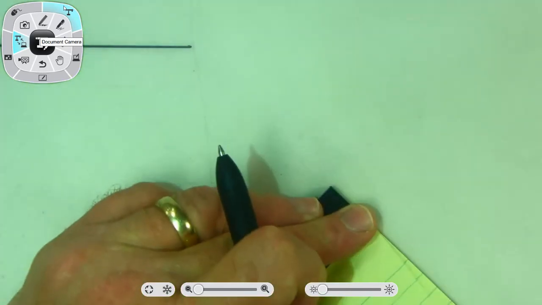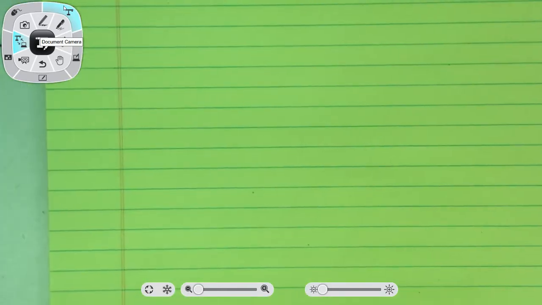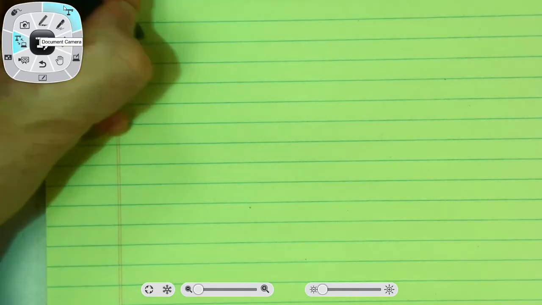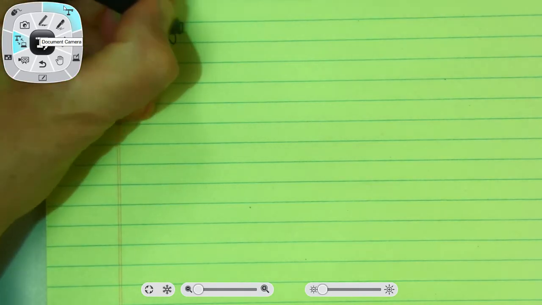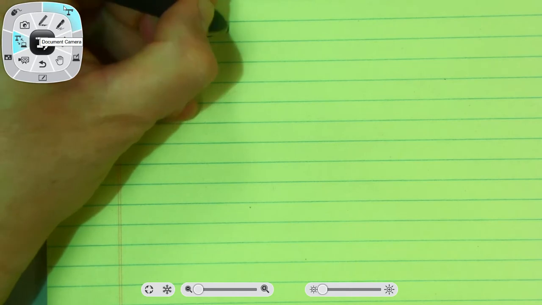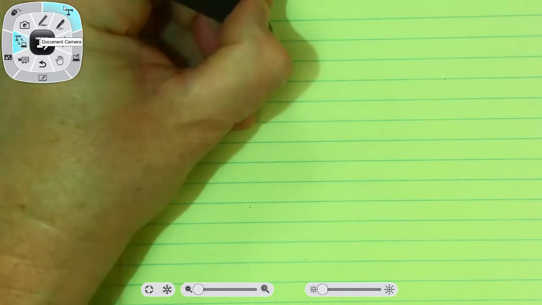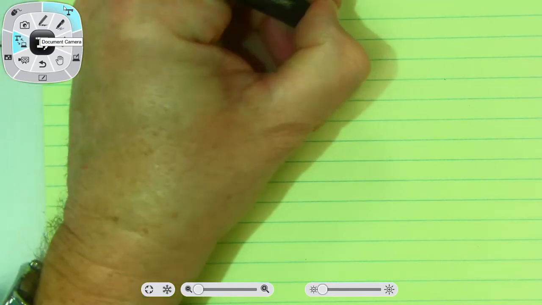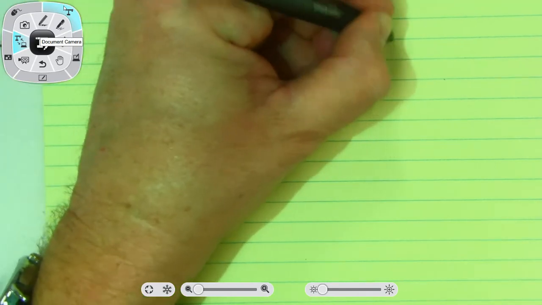In this first example, we've got 13w squared plus 9w plus 4w squared minus 31w.